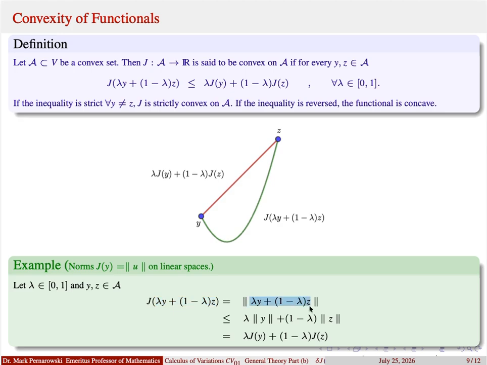And then I use the triangle inequality to make that in terms of lambda times the norm of y plus 1 minus lambda times the norm of z. If I look at that and stare at it, that's just J of y and J of z, and that matches this definition up here. So that's a real quick proof that norms are convex functionals.